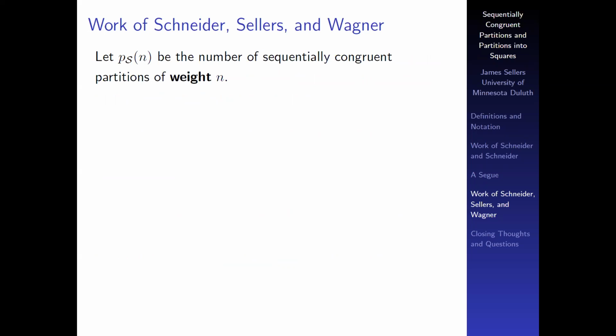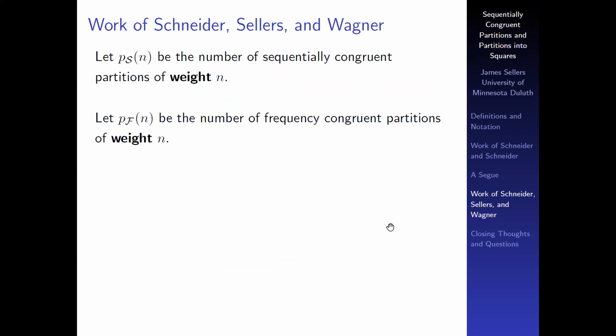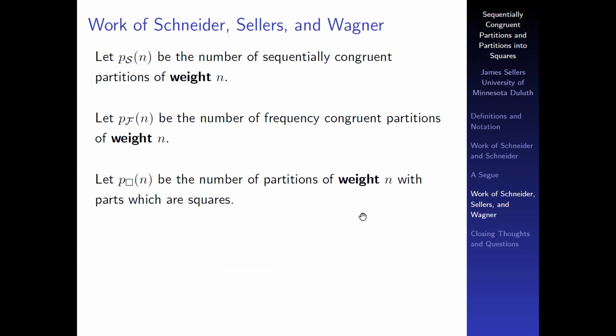So I'm going to let little p sub s of n be the number of sequentially congruent partitions of weight n. That's different than what we've been talking about earlier. And little p sub f of n be the number of frequency congruent partitions of weight n. And then p sub square of n is going to be the number of partitions of weight n where all of the parts are squares.